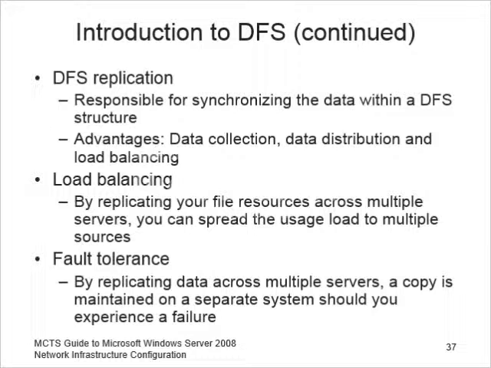Then we have the load balancing. A DFS namespace by itself can simplify the process by which users locate the files they need. But if many people all over the network need access to the same file, the requests are still directed to the same file server, which can cause a performance bottleneck on the computer itself or on the subnet where the file server is located.